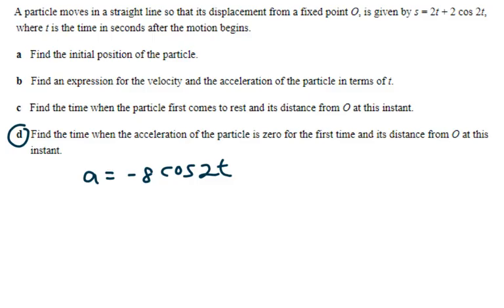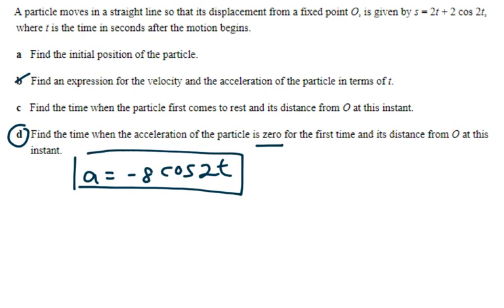For the last part of the question, you have to find the time when the acceleration of the particle is equal to 0. From part B, we already have a equivalent to negative 8 cosine of 2t. Making use of this, let negative 8 cosine of 2t equal 0, and you will get cosine of 2t equals 0 as well.